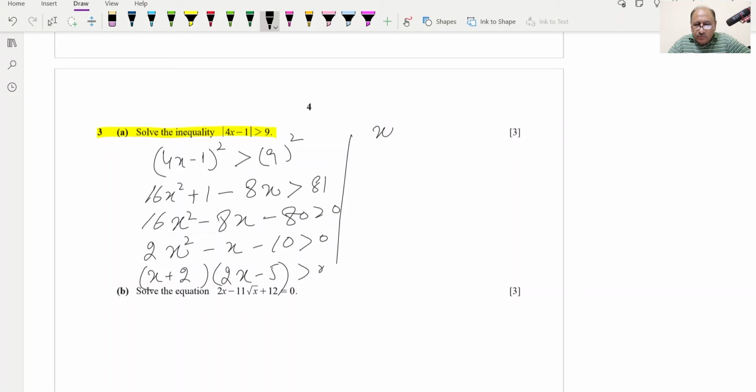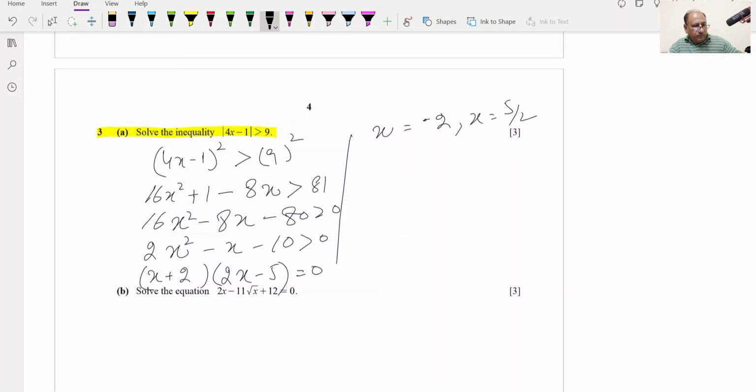This implies what we can write basically equal to 0, and then we will be checking for these x values. x is equal to -2, and x is equal to 5 by 2.